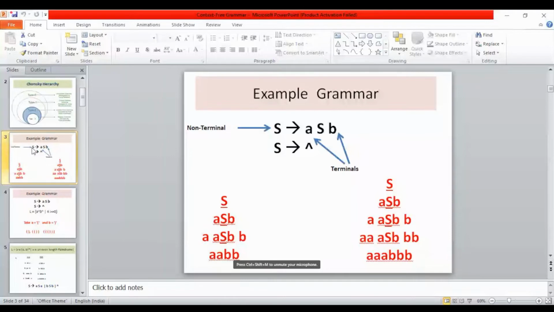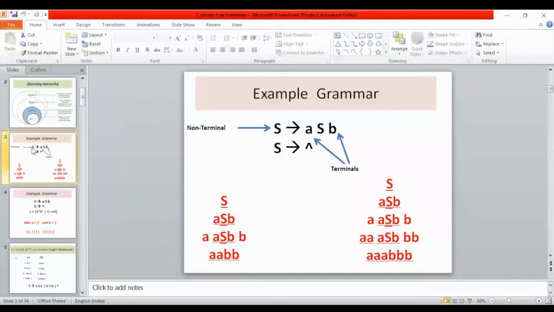So we have two different alternatives, and we are free to use either of them as per our requirement. Basically, we replace this non-terminal S with aSb, so I am recursively applying this rule, and I can replace S with aSb any number of times.